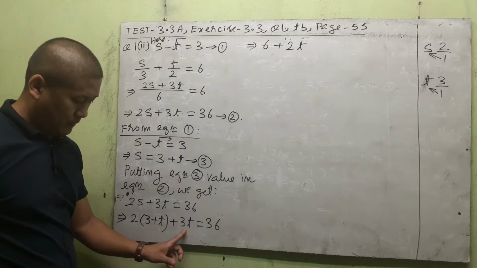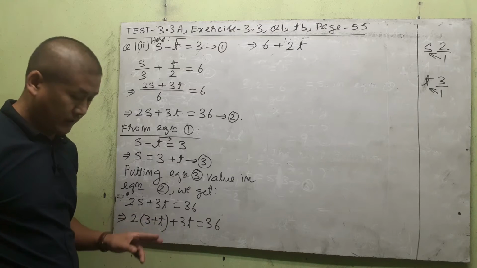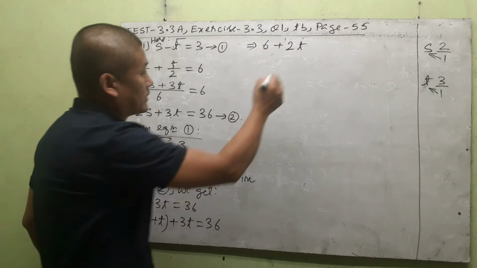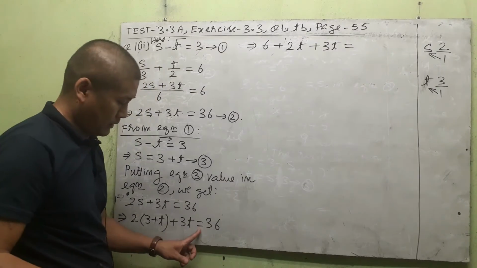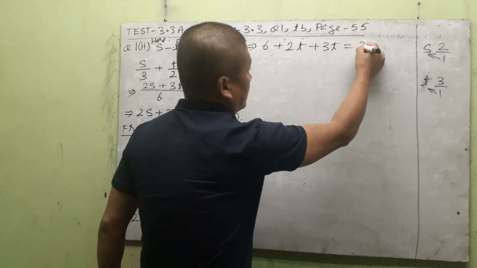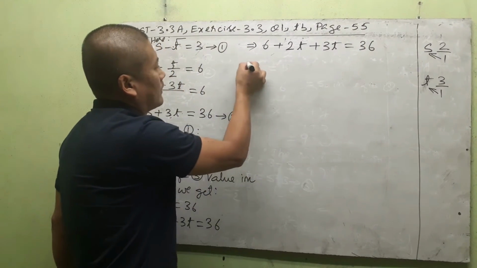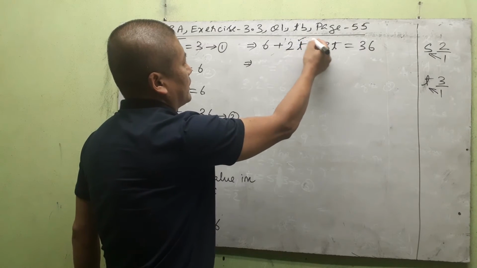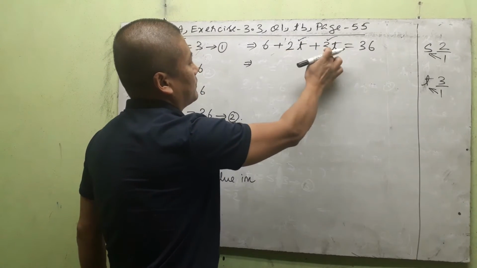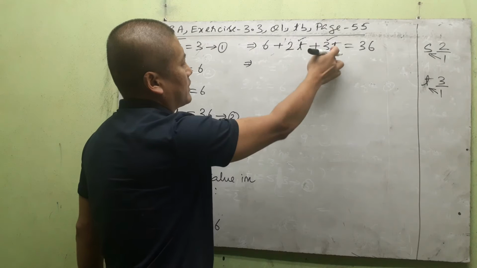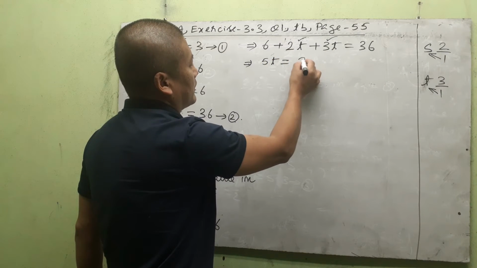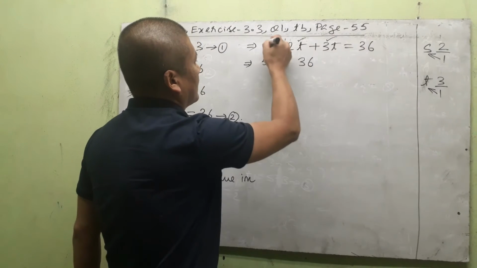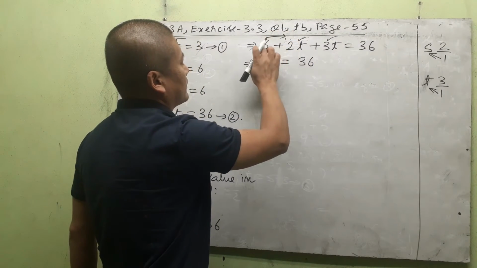It should not multiply 3t because 3t is outside this bracket. Plus 3t, you just write as it is. After that, equal to 36. Then take the two terms containing t. 2t plus 3t is like 2 mangoes plus 3 mangoes, so 5 mangoes, or 5t. Then you write your 36 and shift all the numbers to the right side.